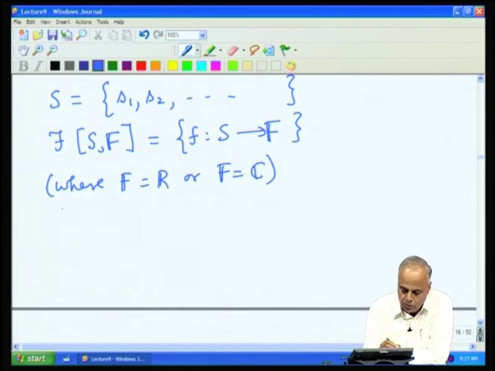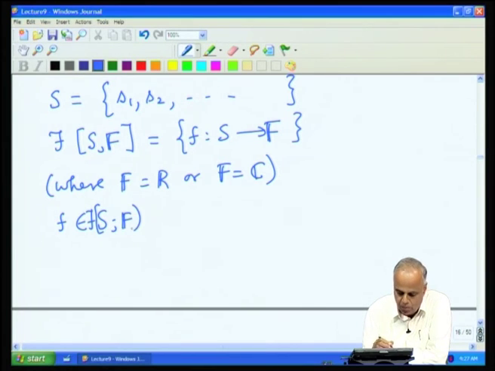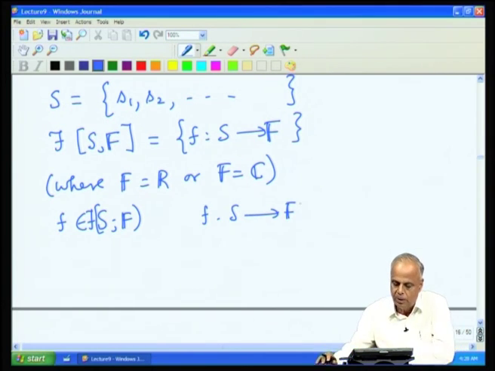Now, consider the set S and the set of all real valued or complex valued functions on this. If you take any function f in F(S, R), so we have f mapping S to F, either a real valued function or a complex valued function.